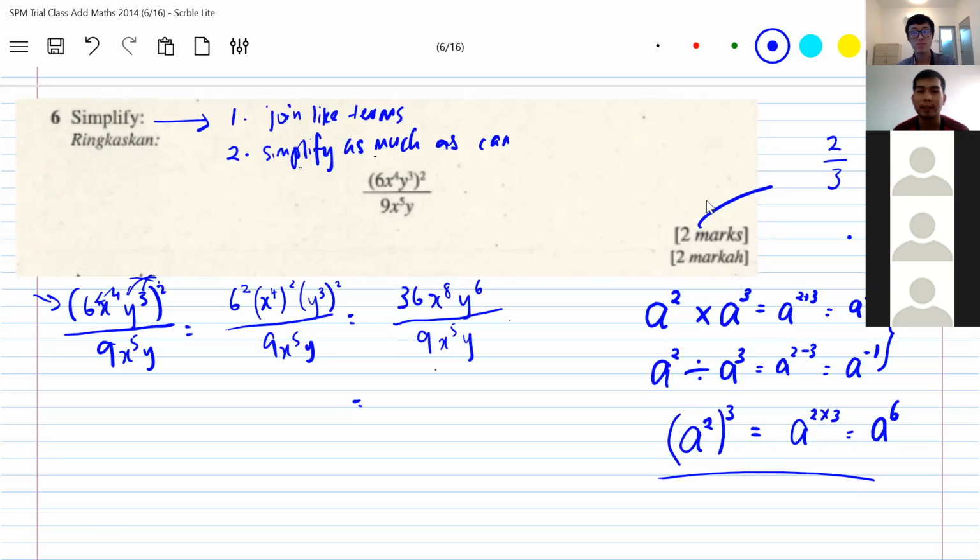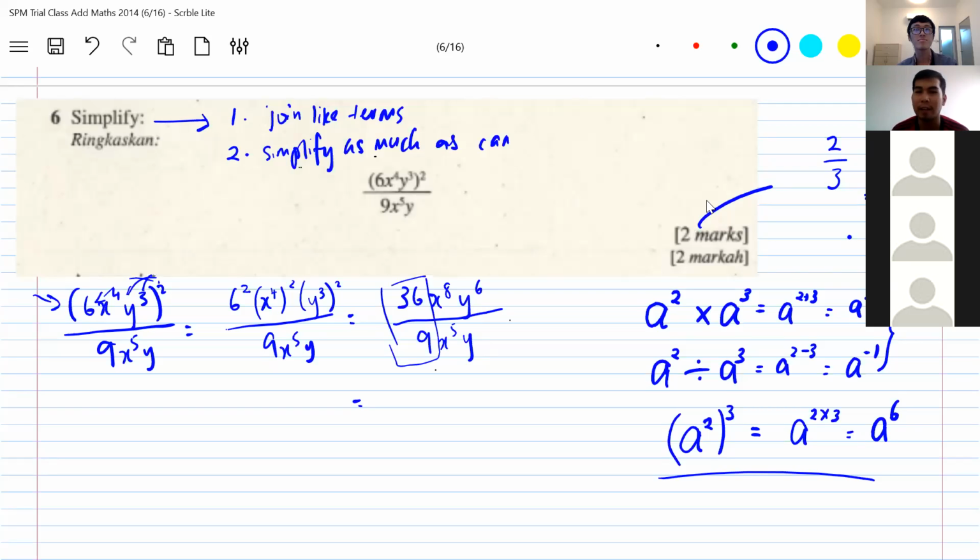So basically 36 over 9, you isolate it and see it as a fraction, right? If it's, say, 8 over 10, you can simplify that to 4 over 5. So you might want to simplify that fraction.